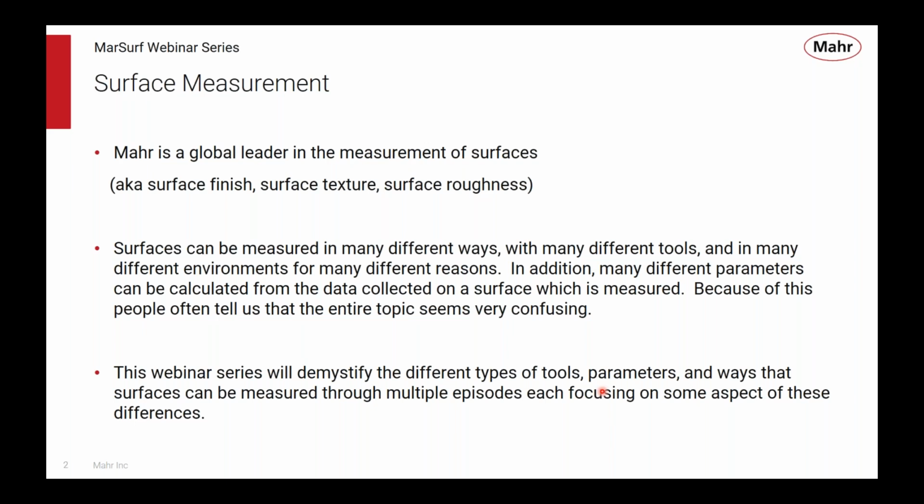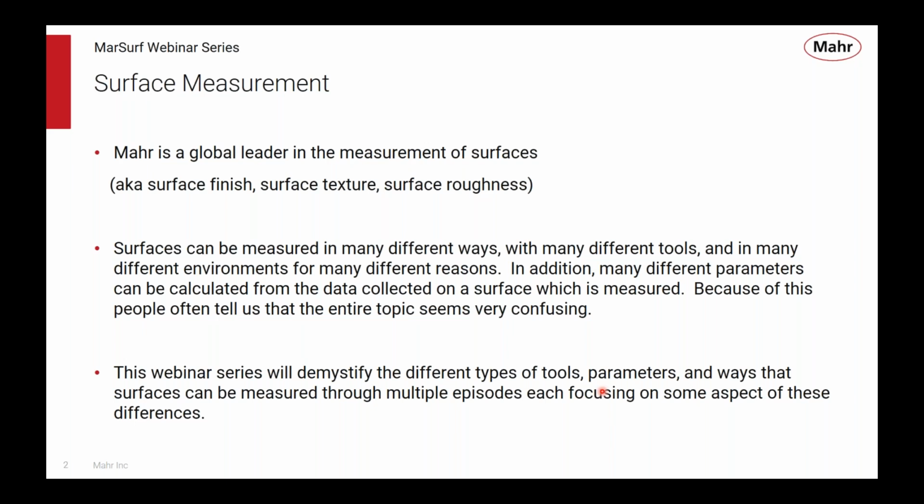Some people don't like the term surface roughness because you're not intentionally making the surface rough. You're trying to make it with a defined texture or defined finish, so it has a certain functional characteristic. So many people choose words like surface texture rather than surface roughness, but all of them are sort of interchangeable.